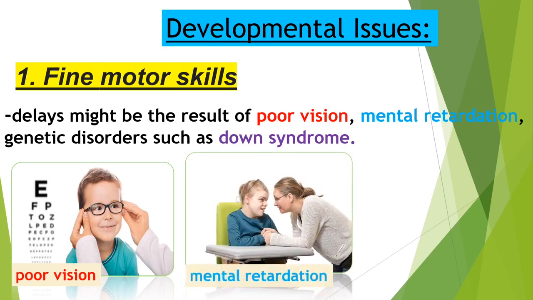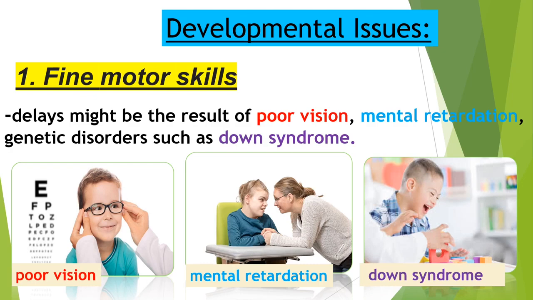Next, mental retardation. This kind of disease really delays the child's fine motor skills development in such a way that his or her brain or mind ability is not on the level of his age. So a child gets older but acts like a child. Next, we have Down syndrome. How does it delay the development of fine motor skills?